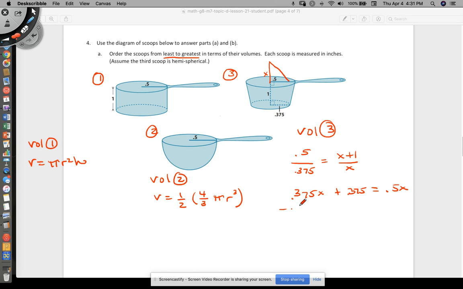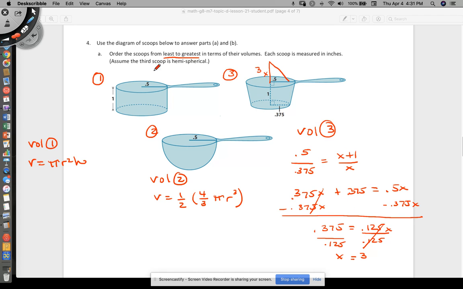I'm going to subtract this, and I get 0.375 equals 0.125x. I'm going to divide this out, and my x comes to 3.